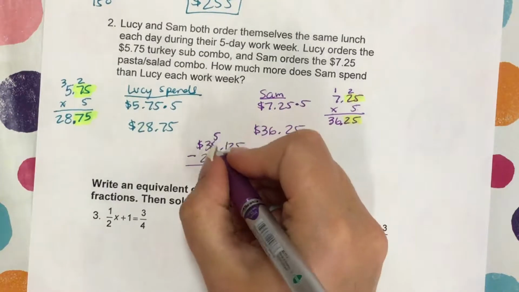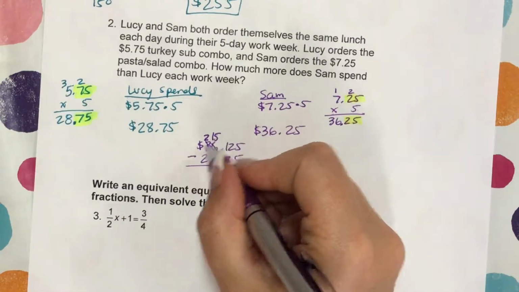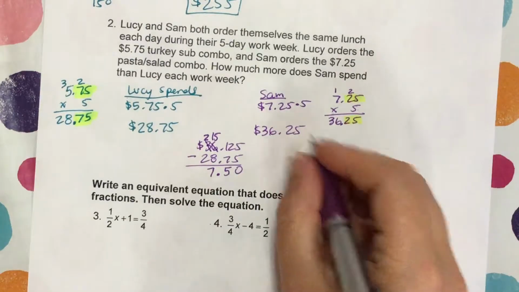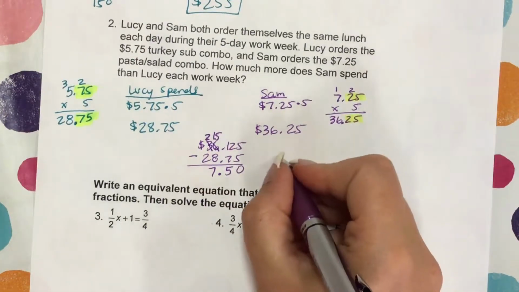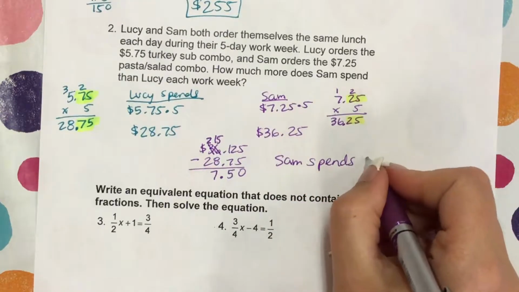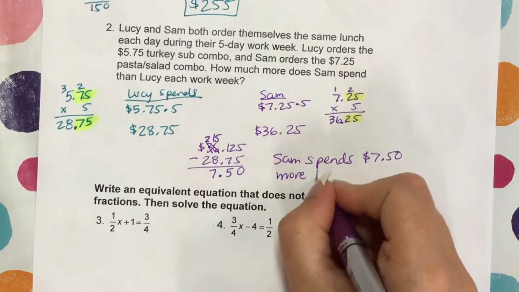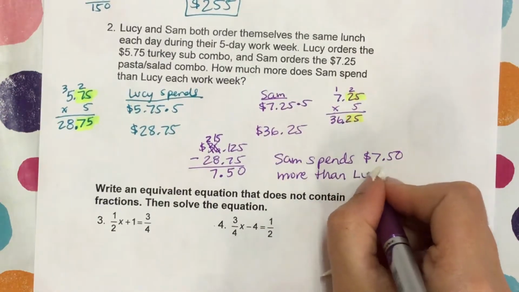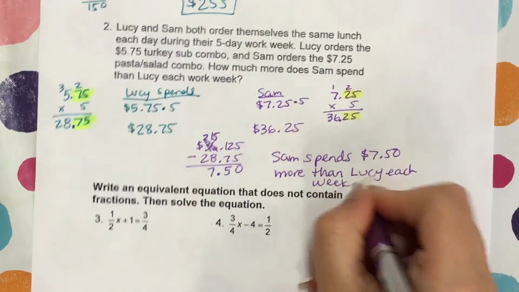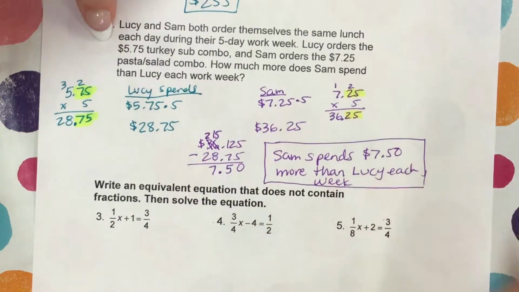The 7 isn't big enough, so we have to borrow from the 3, making that a 2, making that a 1. 15 take away 8 is 7, and then 2 take away 2 is 0. So Sam spends $7.50 more than Lucy each week. So that is how you would solve that particular story problem.